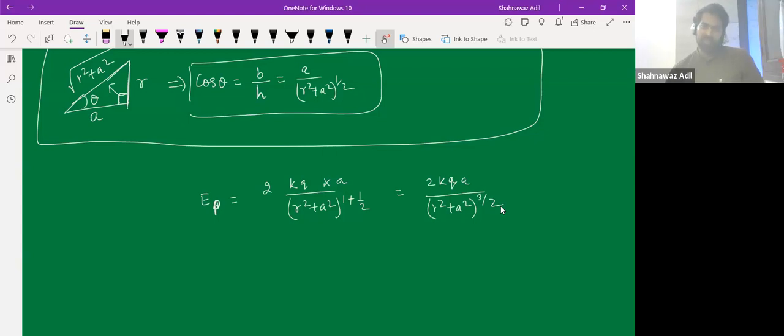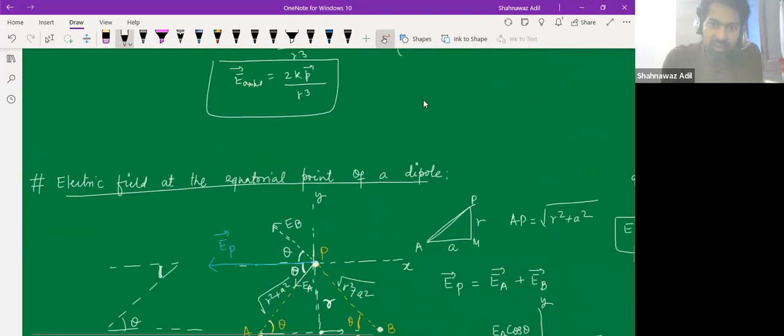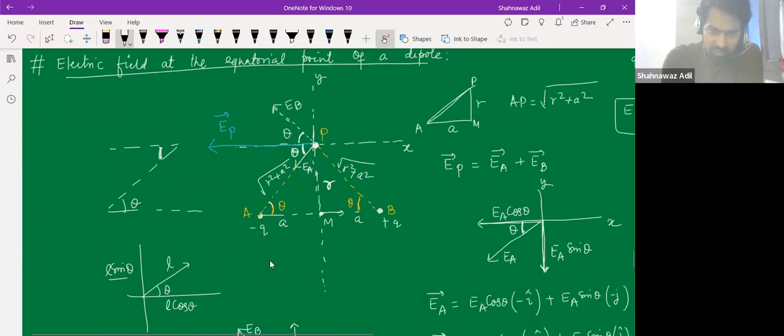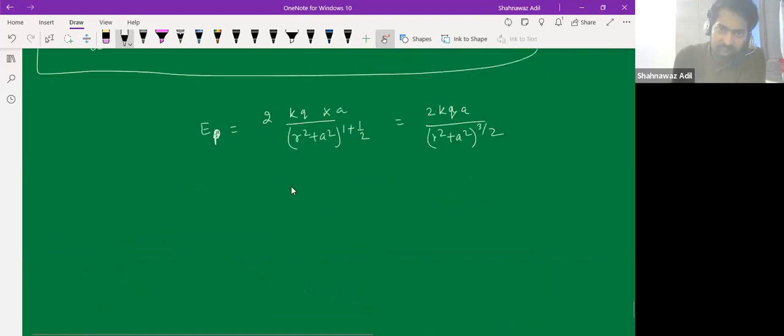Yes, sir. And we know that this distance A is very small compared to this distance, the distance between the dipole is very small. So again we can neglect this one, right?